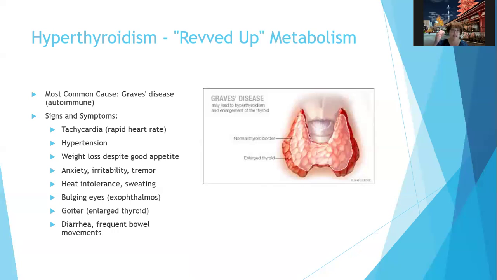So you have a rapid heart rate, so cardiac tachycardia, hypertension, anxiety and irritability, tremor, weight loss, frequent bowel movements, diarrhea, bulging eyes, fatigue, thick red skin, and sexual disorders such as amenorrhea and reduced libido. An enlarged thyroid gland, which is called a goiter, may also be present. So it revs up your metabolism and causes a lot of problems, basically.